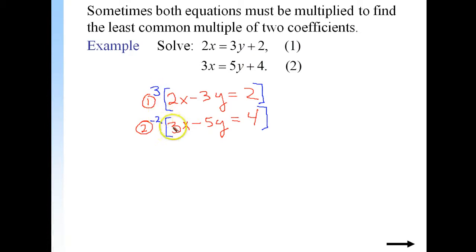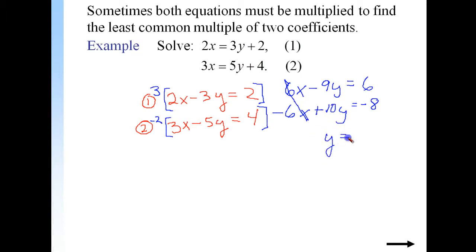Now in so doing, this will become a negative 6 and this is a positive 6, so these will cancel out. So in multiplying through, I get my 2 new equations. Here now the x's will cancel out. Here I'm left with a y. And here I'm left with a negative 2. So that wasn't too bad.